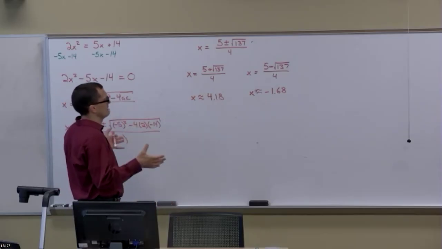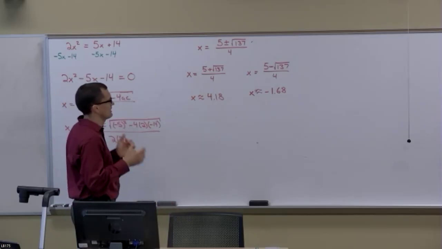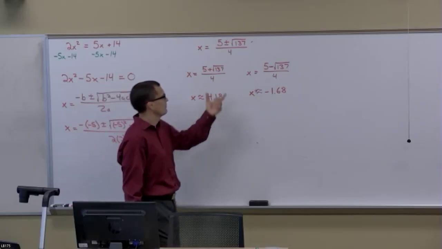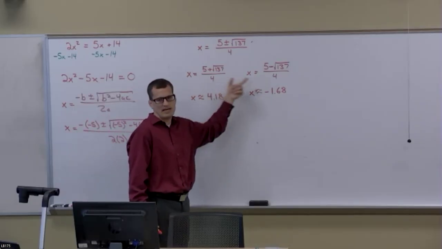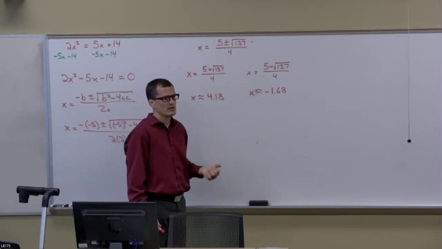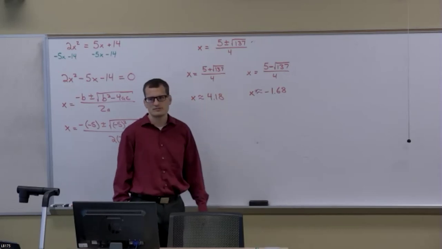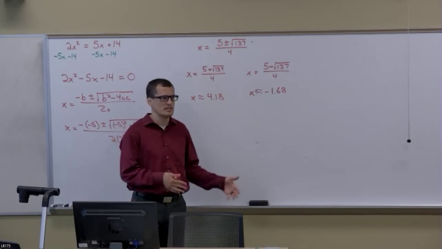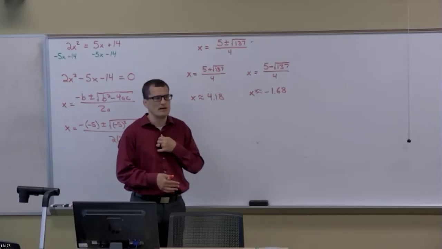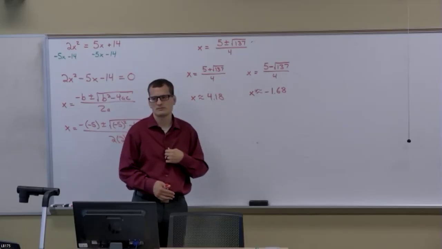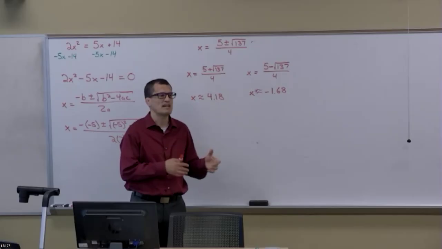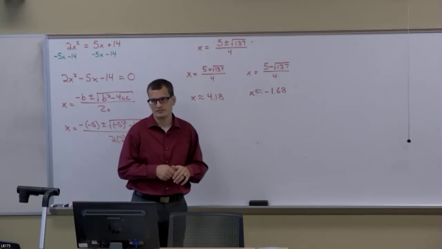Notice the variety of different answers we were getting. This question, we had answers that ended up as irrational numbers. The previous question, I had answers which were complex numbers. When I factored, I ended up with integer answers.